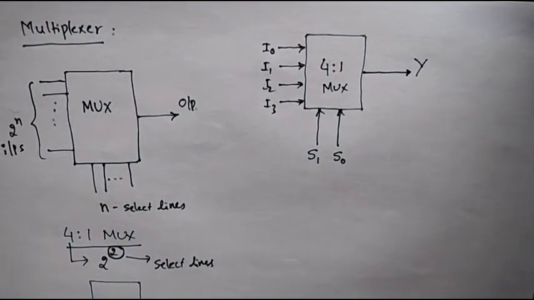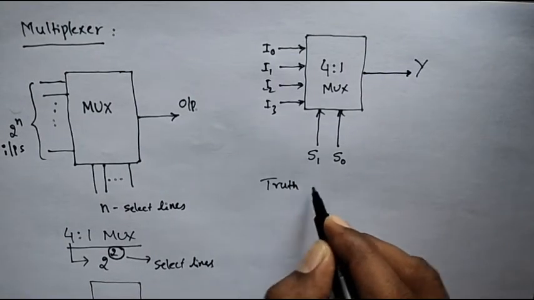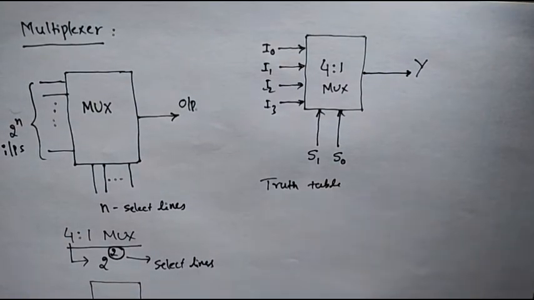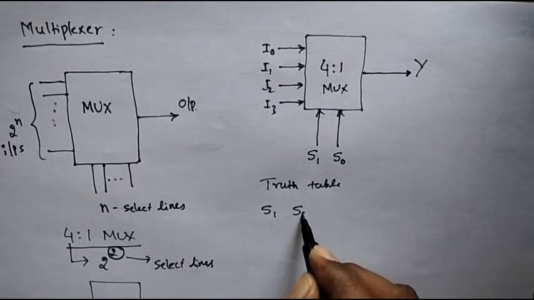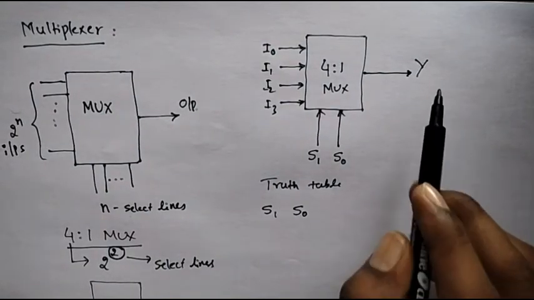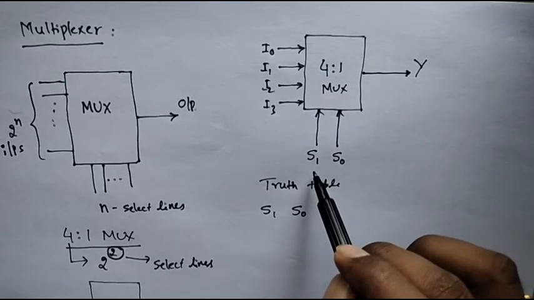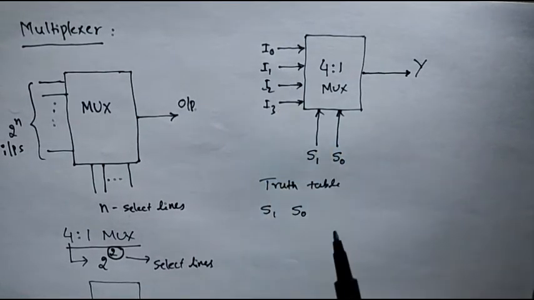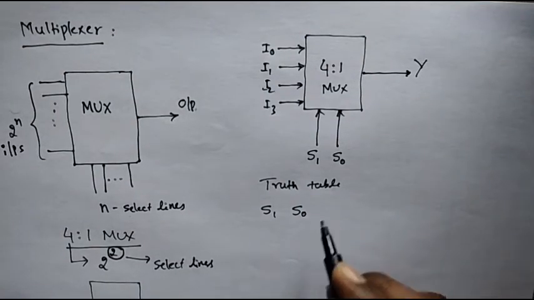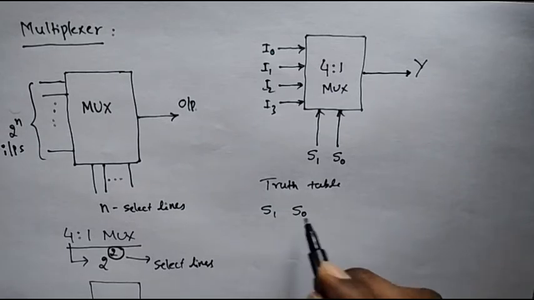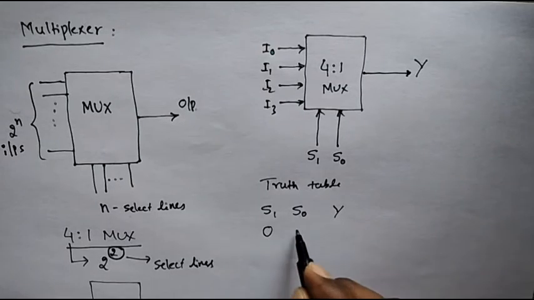Now let us write the truth table for multiplexer. The select lines are S1 and S0. Here the output depends on the select lines. Depending on the select lines, it will choose any one of the inputs. So now we can write the truth table using select lines and output line. Suppose select lines are 0, 0.